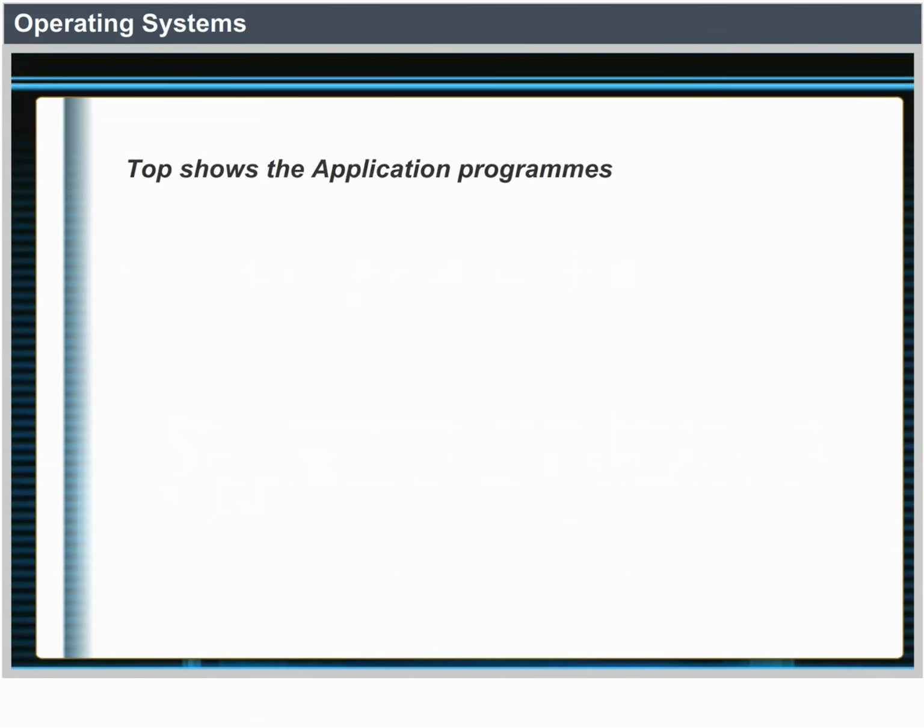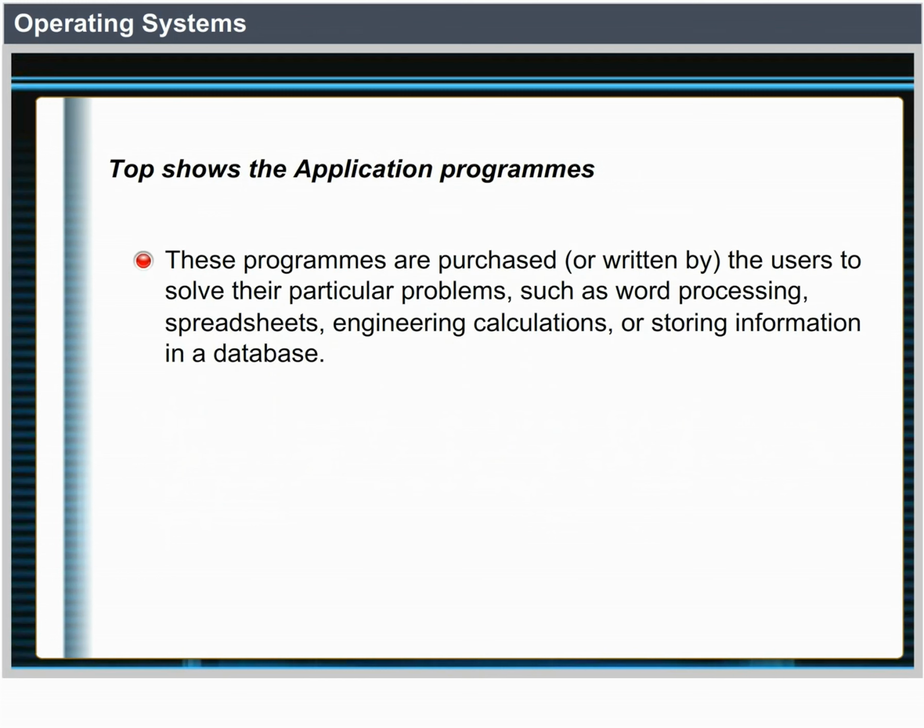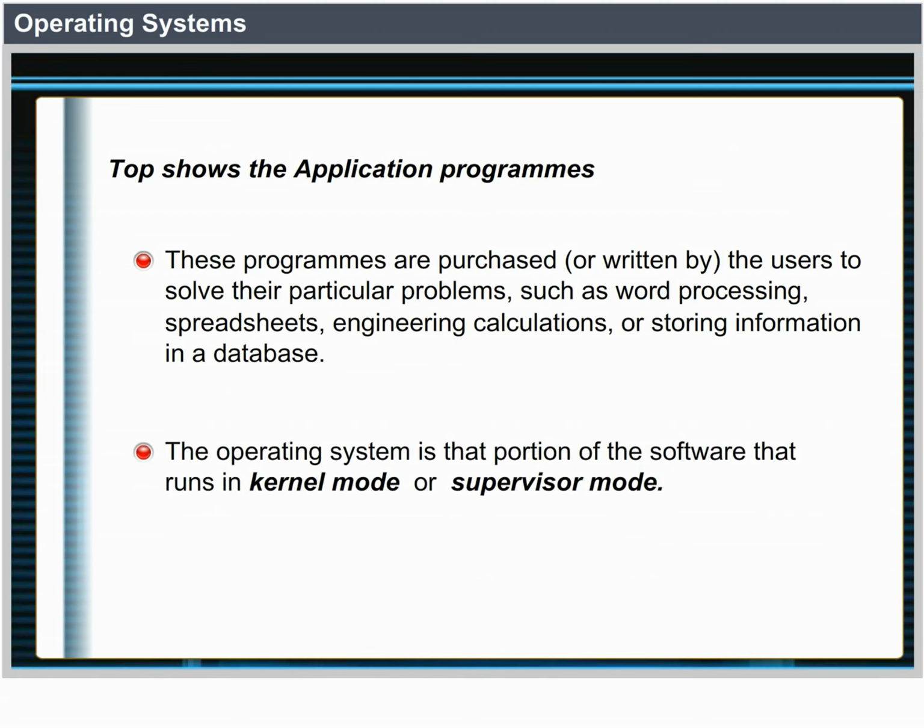On top is the application programs. These programs are purchased or written by the users to solve their particular problems such as word processing, spreadsheets, engineering calculations, or storing information in a database. The operating system is that portion of the software that runs in kernel mode or supervisor mode.